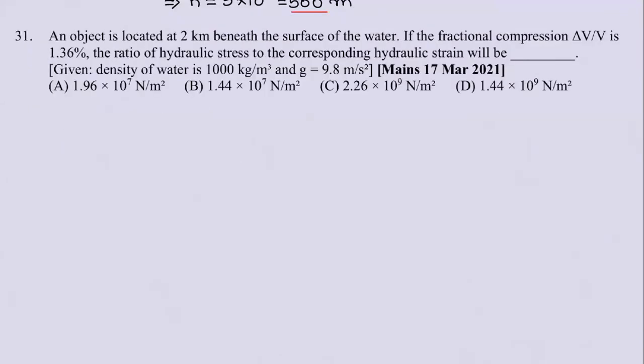This is also the same logic. An object is located 2 kilometers beneath the surface of water. The fractional compression delta V by V is 1.36%. The ratio of hydraulic stress to corresponding hydraulic strain will be stress to strain, right?